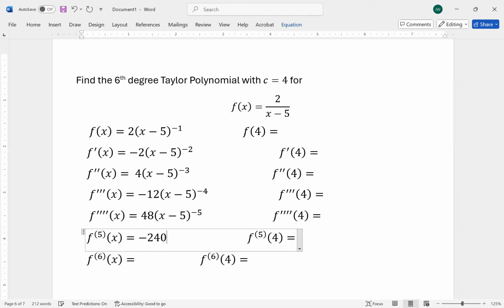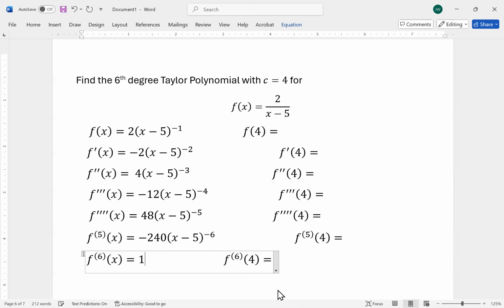So you get negative 240 times x minus 5 raised to the negative 6th power. And then when you multiply that negative 240 by a negative 6, you get a positive 1,440 times x minus 5 to the negative 7th power.